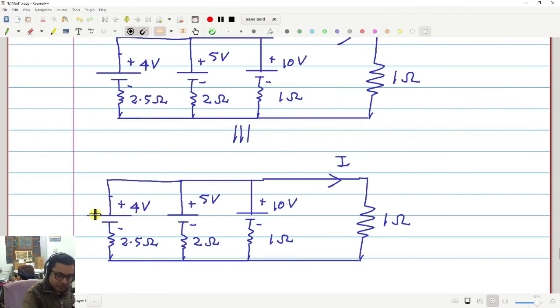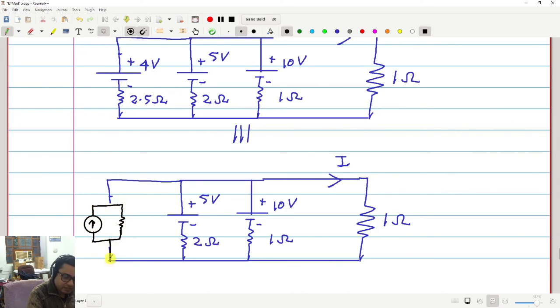So in place of this source, I remove these two and in place of that I put a current source in parallel with a resistance, such that these two circuits are equivalent.